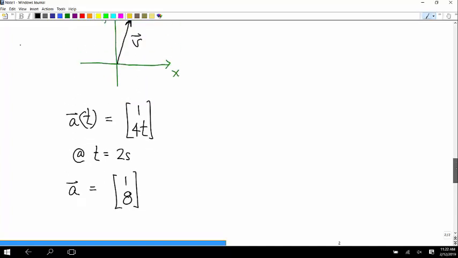And so if we plot that vector out, at this instant, at time equals 2 seconds, to plot this point, go over 1, up 8. So something like this. Plot that point. It's pretty similar to the direction of the velocity, but angled a little bit more towards the vertical axis.